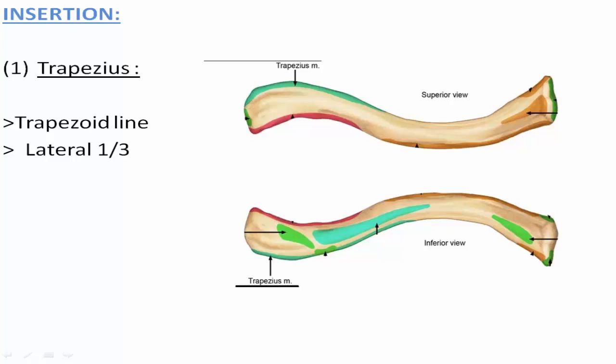The line which begins from the conoid tubercle to the lateral end, that is the acromion end, is called trapezoid line. So this line gives insertion to the trapezius muscle. So trapezius muscle is inserted in the trapezoid line in the lateral one-third part of the clavicle.